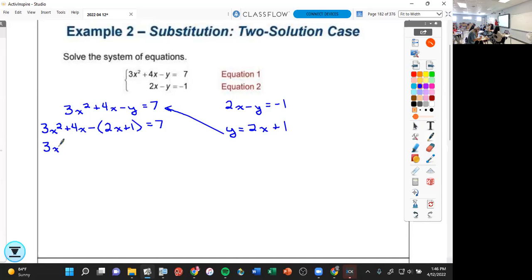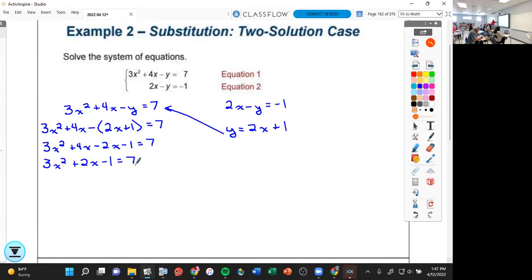So 3x squared plus 4x minus 2x minus 1 equals 7. Combining like terms, 3x squared plus 2x minus 1 equals 7. What kind of an equation is this?